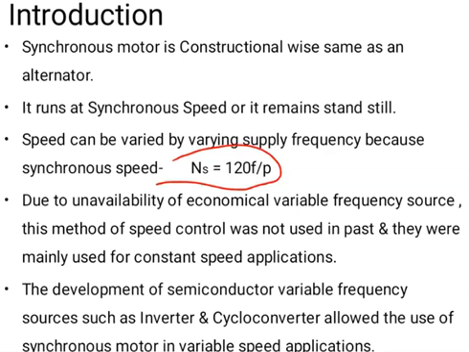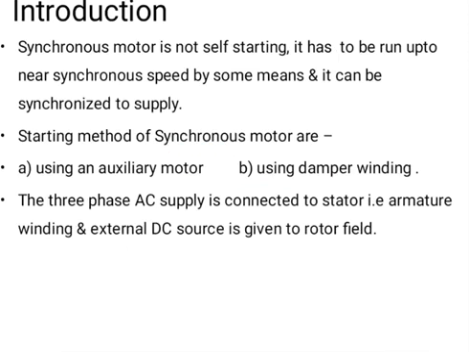But the development of semiconductor variable frequency sources such as inverter and cycloconverter allowed the use of synchronous motors in variable speed applications. That means by developing power electronics converters, the synchronous motor is now used in variable speed applications. The synchronous motor is not self-starting.